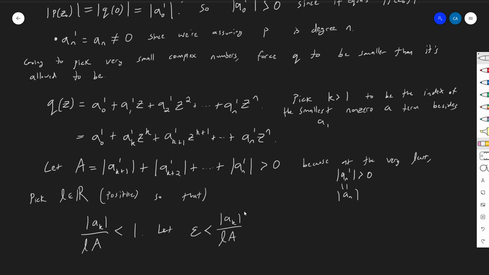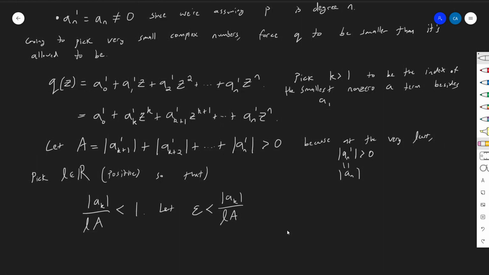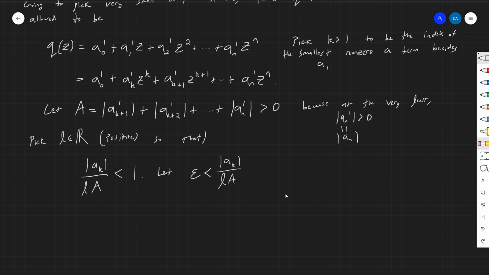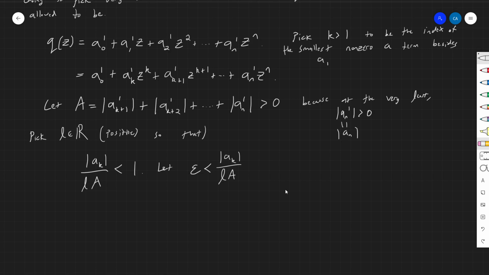So this is a number, it's a function of the polynomial, and I'm going to make epsilon less than that. This is going to be the radius that is small enough. This is going to be the radius that will always give you your contradiction. Okay. So consider the complex number epsilon e to the i theta. We'll choose a specific theta in a minute.